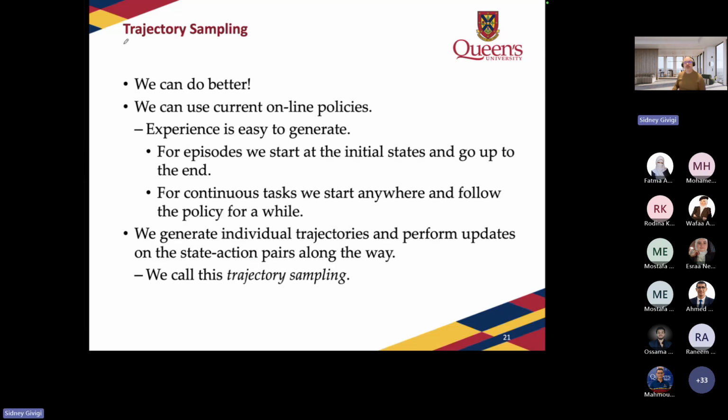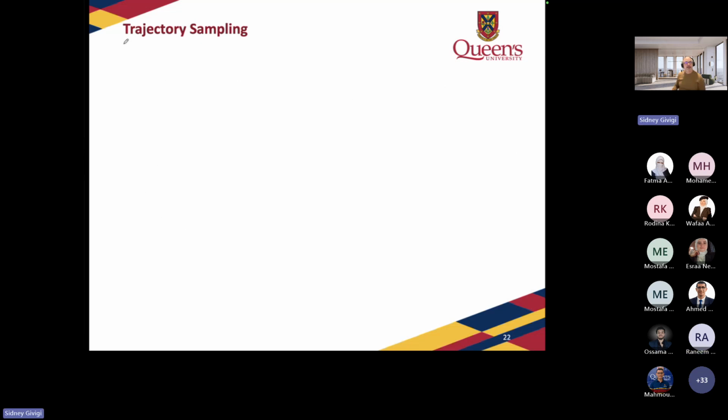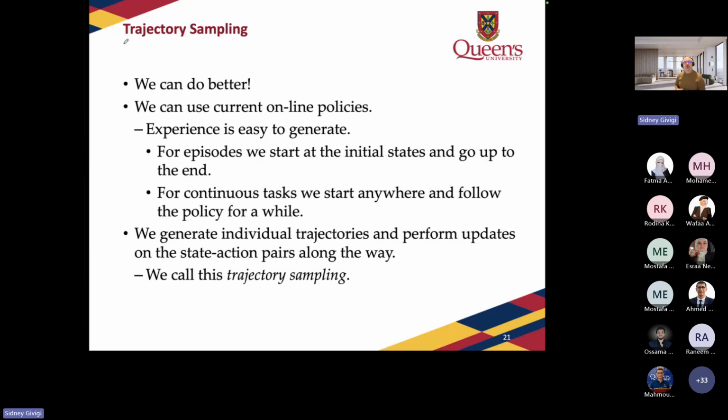So this is what we do in trajectory sampling. We can do better because we are going to use the policy that we have, which already generated the information. Okay, so we are going to sample based on the policy that has already created this particular experience.